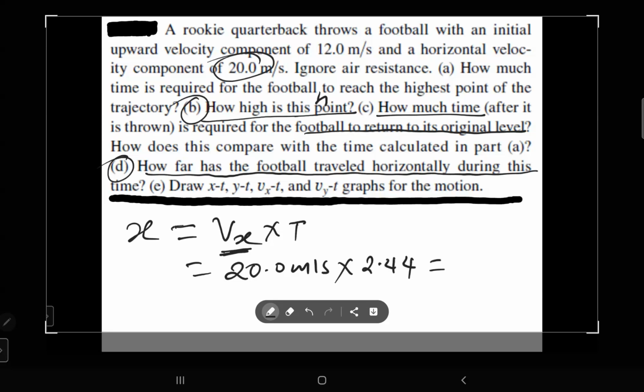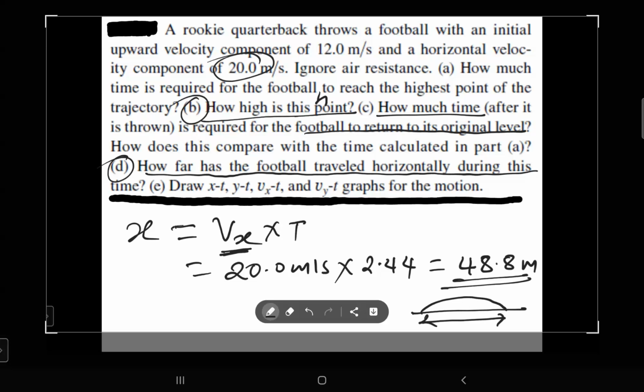If you multiply 2.44 with 20, you will get 48.8 meter, right? That is the maximum range of the football. Or about 49 meter.